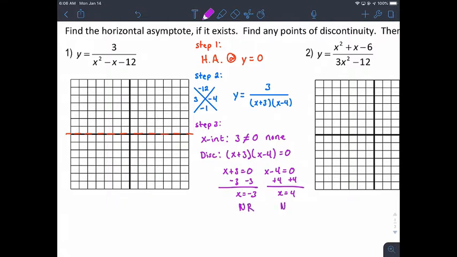So we're going to just put an NR underneath them to remind us of what those are. And because they are non-removable, they show up as vertical asymptotes in our graph. So we've got a vertical line at x equals negative 3. And we have a vertical line at x equals 4.